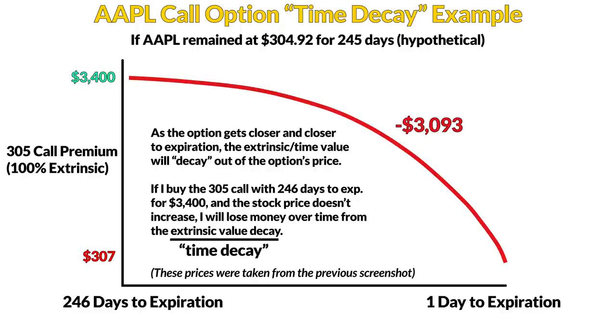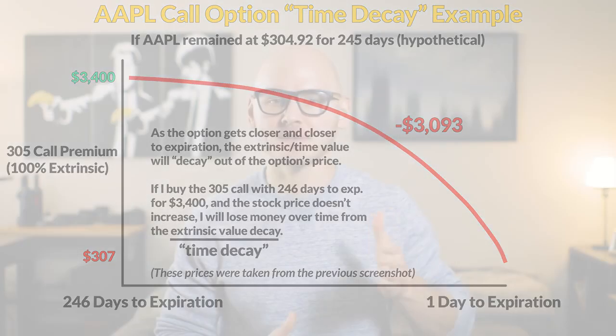So that just means that as time is passing and as an option approaches its expiration date, it will trade with less and less extrinsic value because its final valuation is becoming more certain. And what I mean by that is if an option has 10 minutes left until expiration and it has $0 of intrinsic value, there's a good chance that in the next 10 minutes the option is not going to be worth anything, and because of that, it's going to be trading with very, very little extrinsic value.